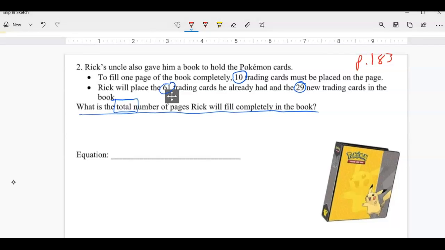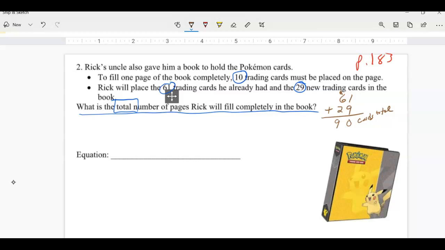So you've got the 61 plus the 29 cards, and that gives us, and we've got to regroup here, 1 and 9 is 10. So I'm going to bring that 1 over to the tens place, and now I have 1 plus 6 is 7 plus 2 is 9. So 90 cards total. Okay, so now we figured out how many cards he has.